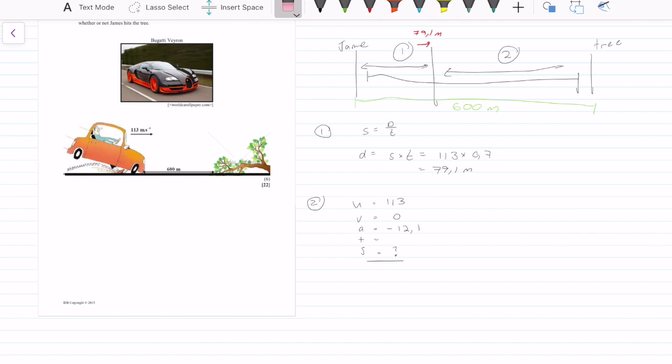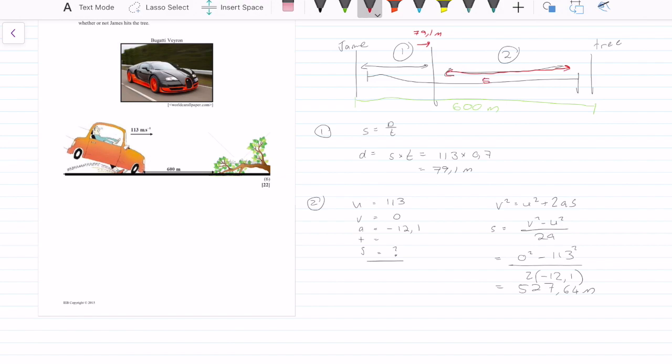So let's try a different one: v squared equals u squared plus 2as. Solving for s, we have s equals v squared minus u squared over 2a. So v is 0 squared minus 113 squared over 2 times minus 12.1, which gives us a distance of 527.64 meters.